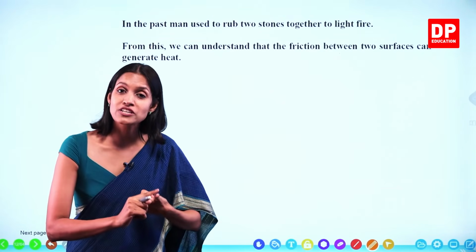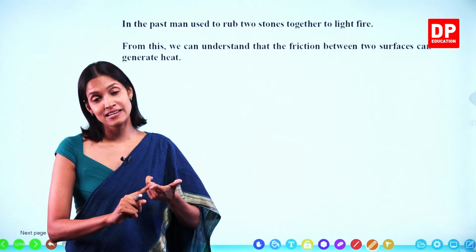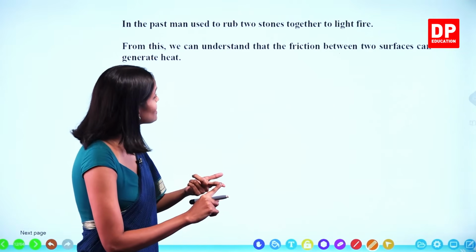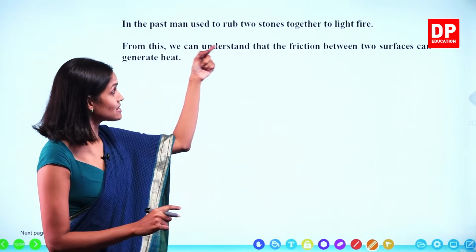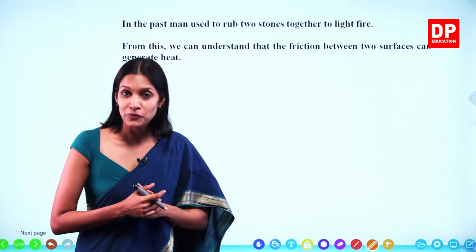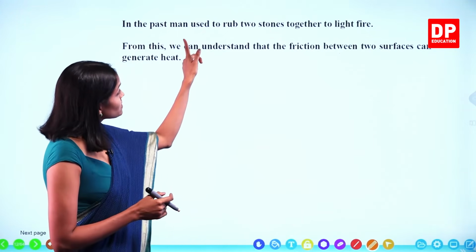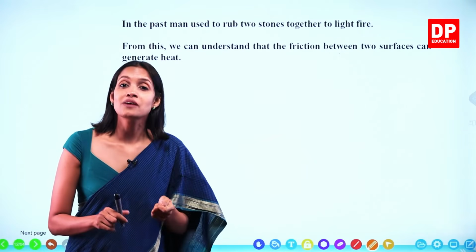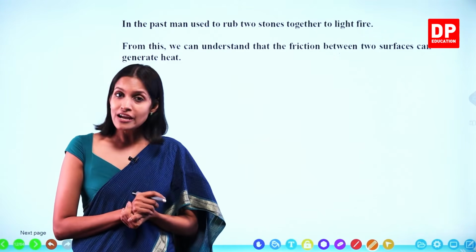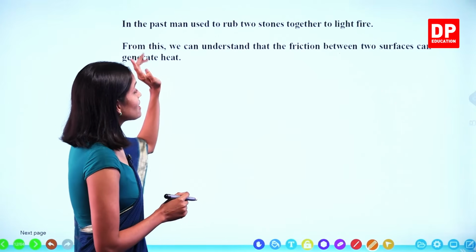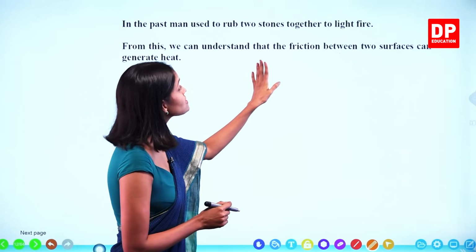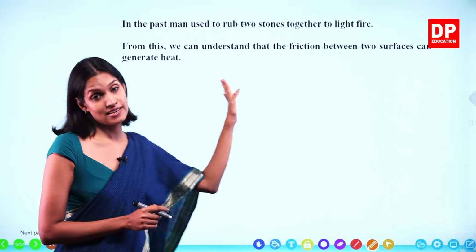If there is more friction, more heat is generated. When more heat is generated, because of high heat, at one point it will start fire. The same thing takes place when we rub dry sticks together. So from this we can understand that the friction between two surfaces can generate heat.